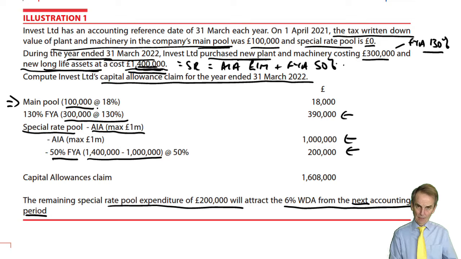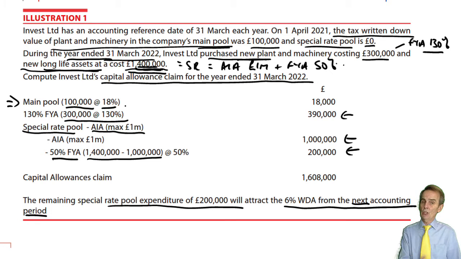So all of that has been dealt with. So all we've got here is a tax written down value brought forward on the main pool, where there's been no further additions to that main pool, and there's no mention of disposals, so it's just 100,000 at your normal 18% rate. If there had been a special rate pool tax written down value brought forward without any additions or disposals, it would be at 6% per annum.